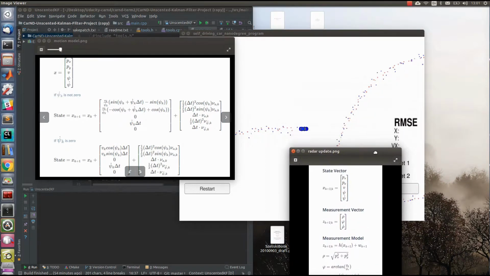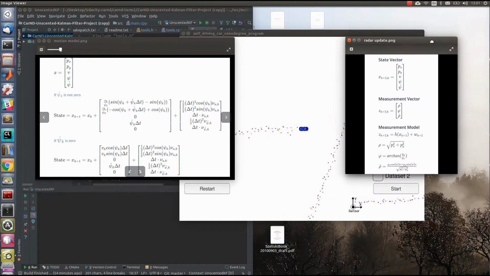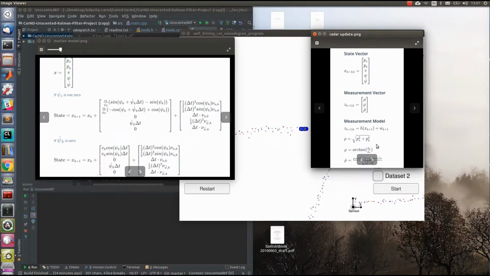For measurement, we have two types of measurements, so we need an observation model or measurement model for radar and lidar. For radar, as I told you in the beginning of this video, radar measures three quantities: range, bearing, and range rate. And they are evaluated according to these equations.